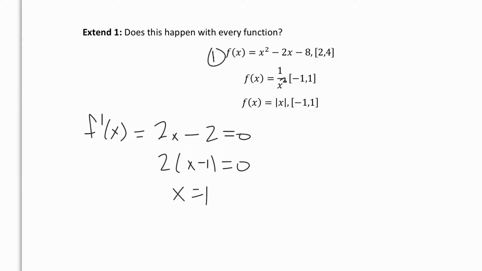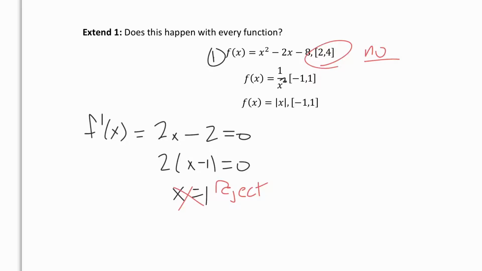So it seems like it had a derivative of 0, but this is not part of the interval. So we have to reject it. And so it seems like, no, this one does not have a derivative of 0. If you try the next one and the next one, you're going to find that these never have derivatives of 0, which means that it's not going to be always true.